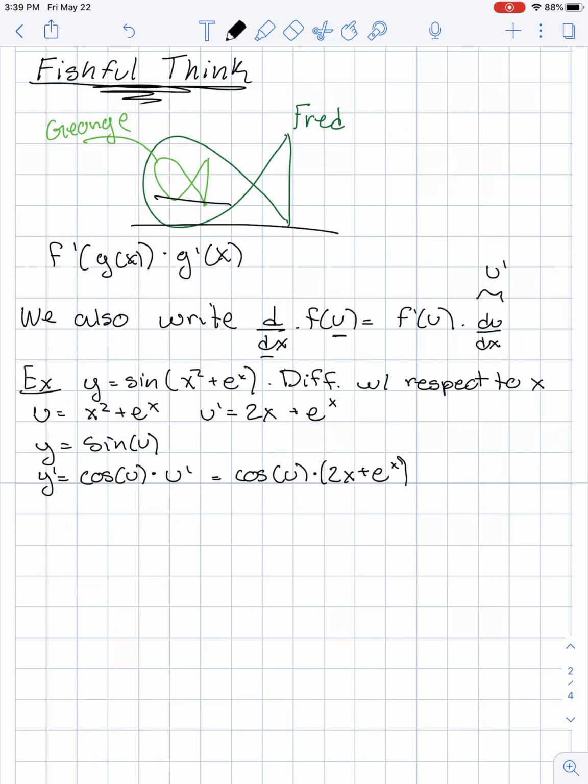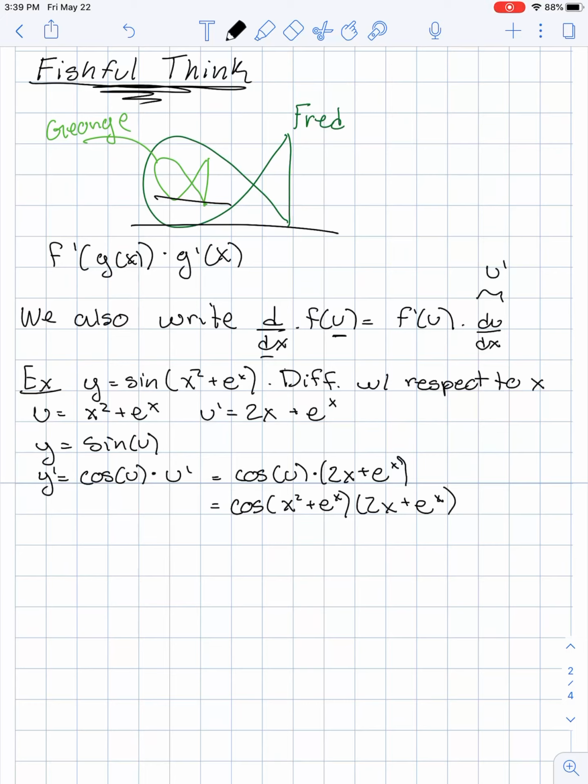And then you need to be careful because I was given a function of only x's, and so my answer needs to only have x's. I can't only have u's, so then I'm going to plug u in: x squared plus e to the x, times 2x plus e to the x.